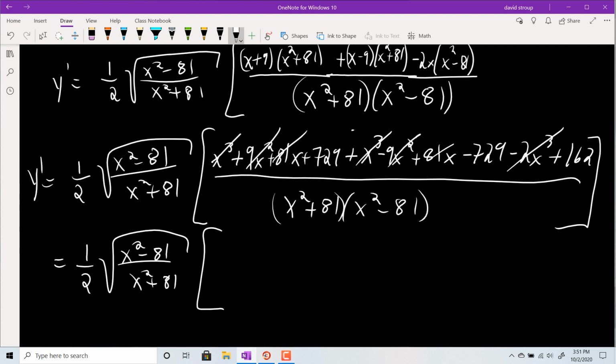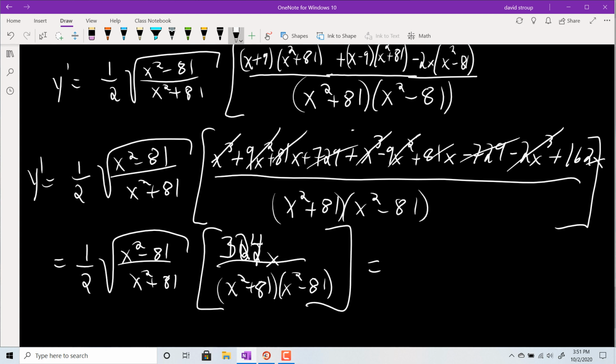All right, well, I got 2 of them, so 162x's. Oh, this guy is the x. This should be an x. But that's a plus, so that would just be 2, I think it's 324x, and then, oh, that's it, right? All over x squared plus 81 times x squared minus 81.